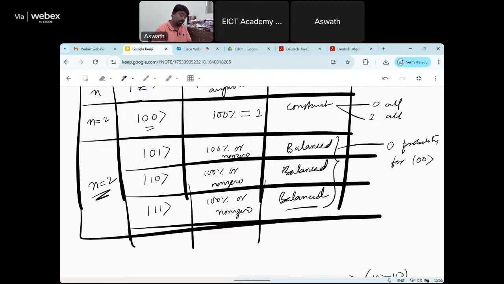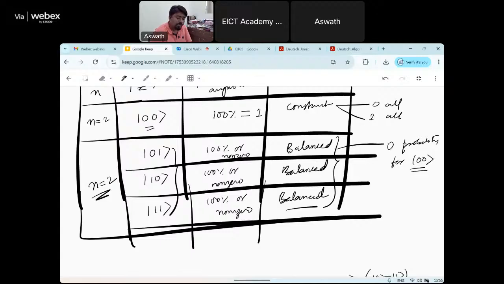That is certain. So the remaining 100% probability may be shared between these three states, or one of them may come out strictly. But strictly 0, 0 is absent in the output. That is the balanced scenario. So for a constant function we will get the register as 0, 0. Very good. And for a balanced one, we will not get that state, as its amplitude is 0.